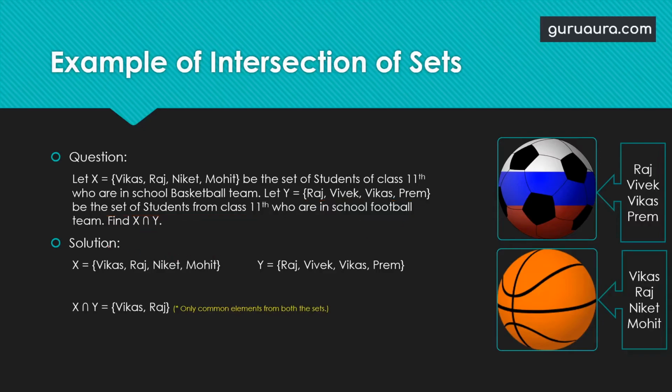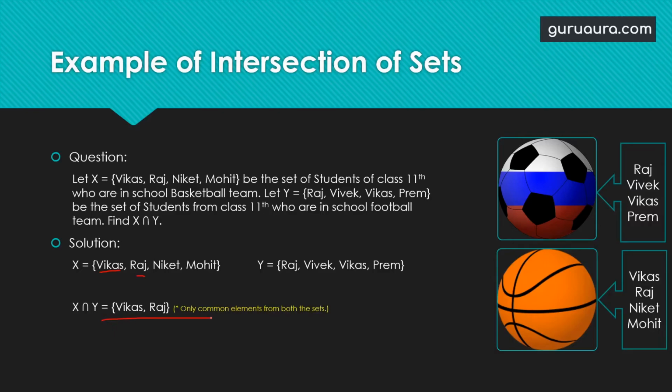And we need to find X intersection Y. The intersection of set X and Y will consist of the common elements from these two sets. Thus, the intersection of X and Y has two elements, which are Vikash and Raj, as they are common to both the sets.